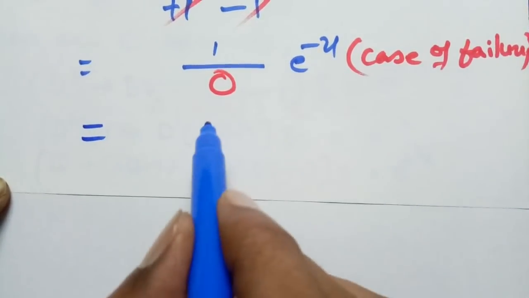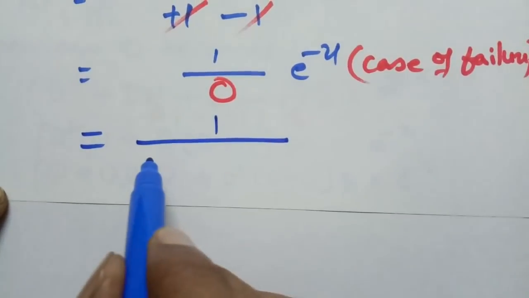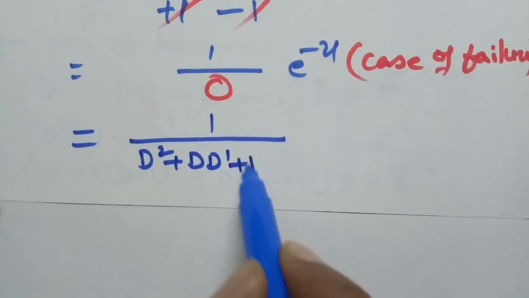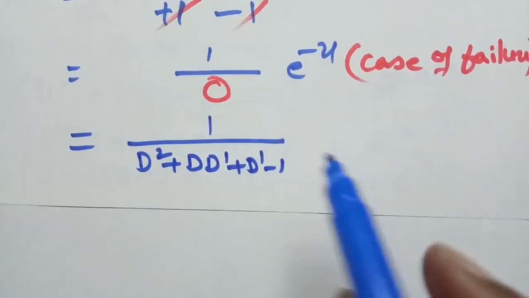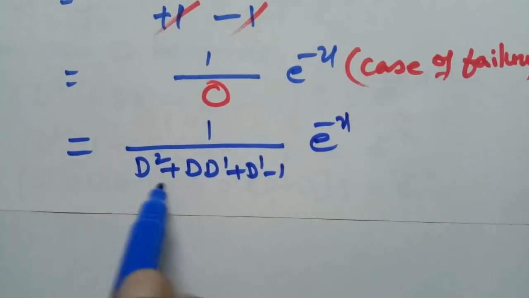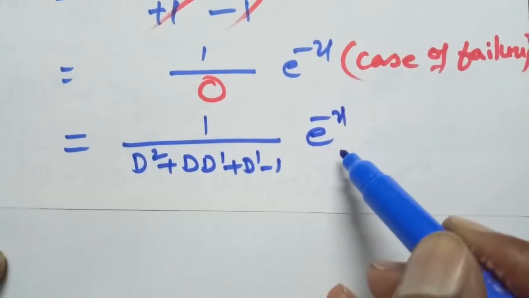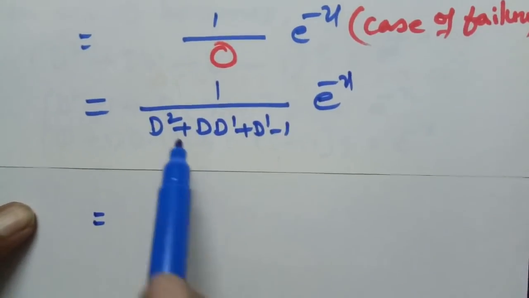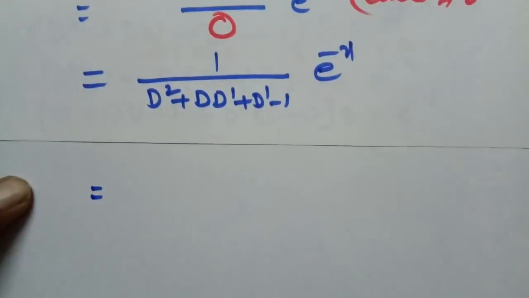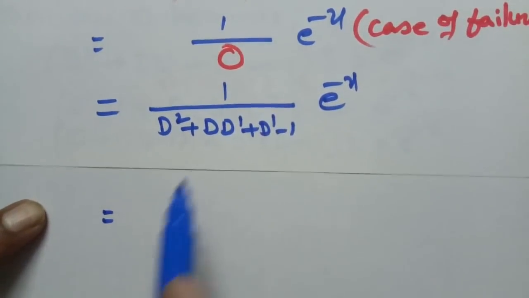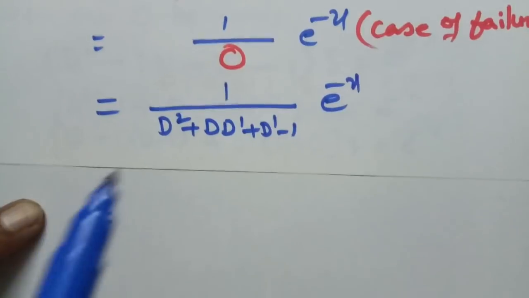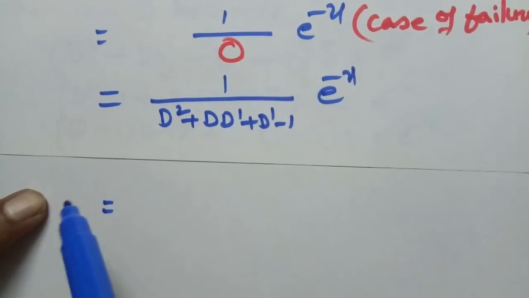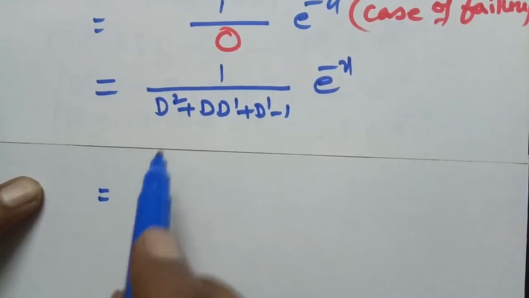Therefore, this can be written as 1 by D square plus D D dash plus D dash minus 1. We are writing phi of D, D dash in the denominator and f of x comma y. Since it is a case of failure, as we solved this type of problem in ordinary differential equations, we follow the same method here also.